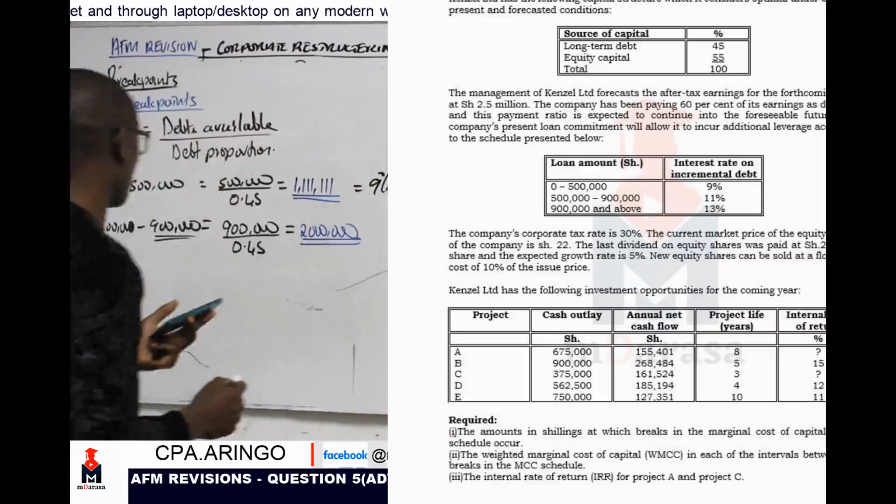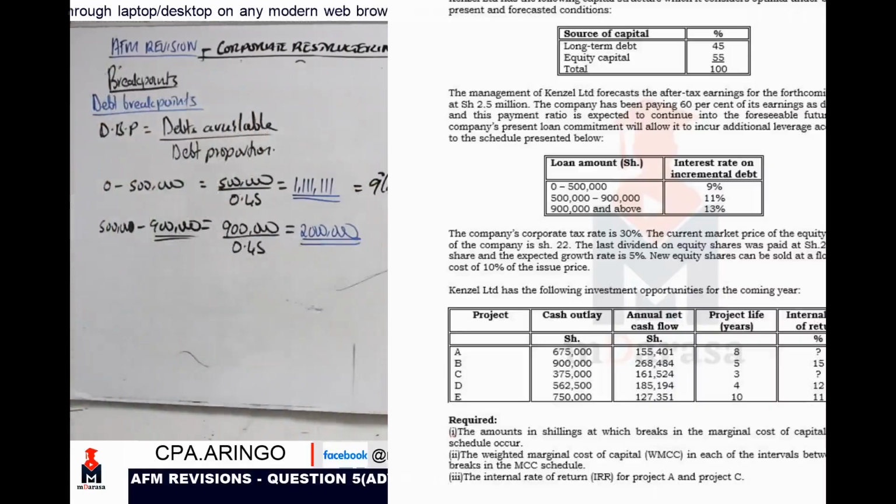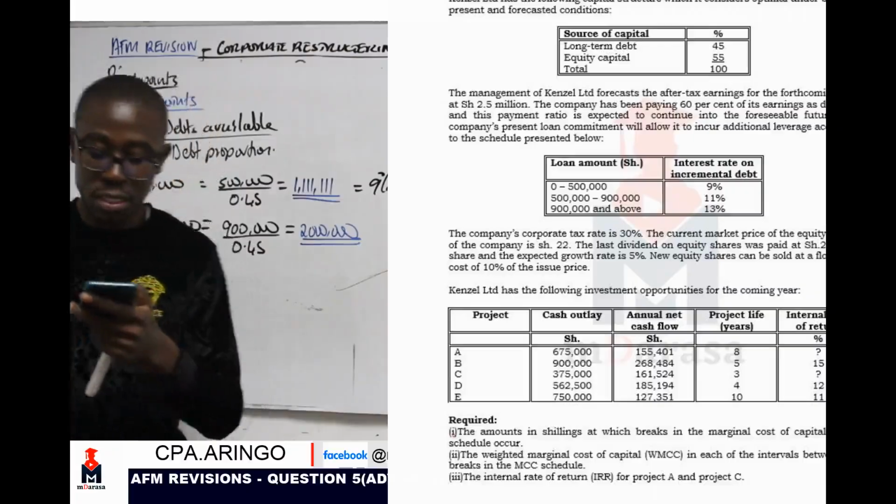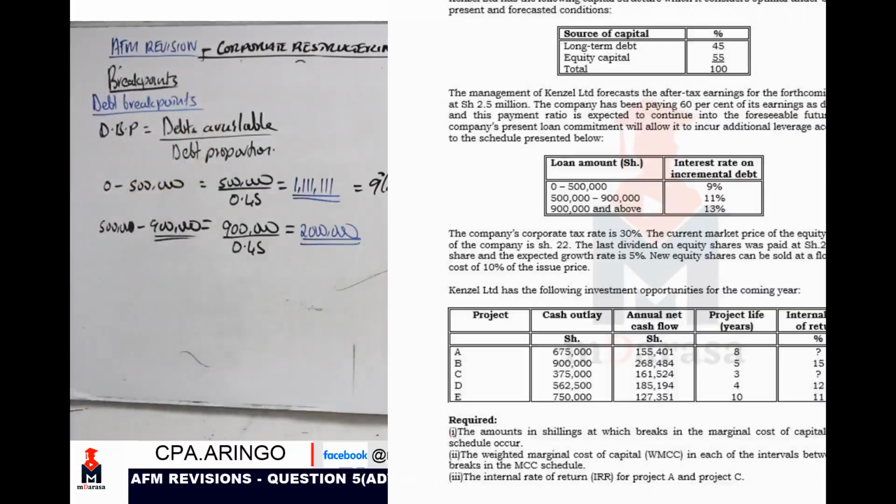Then the other bit was 11%. And basically that will stand for a maximum of how much? 900 and above, right? So we are talking of 13% all through. Up to 900,000 is 13% debt, as per what I was given there.